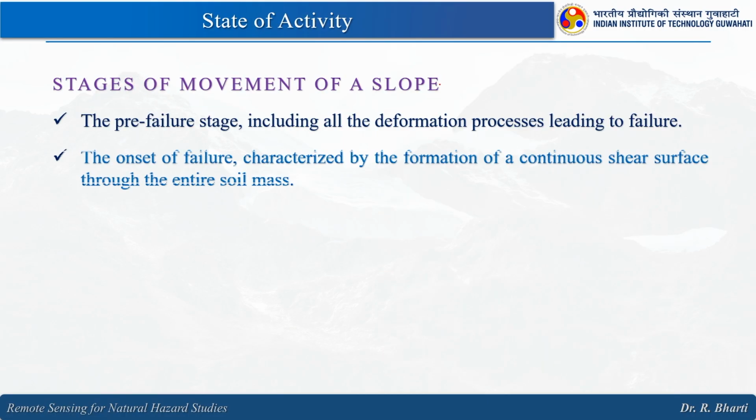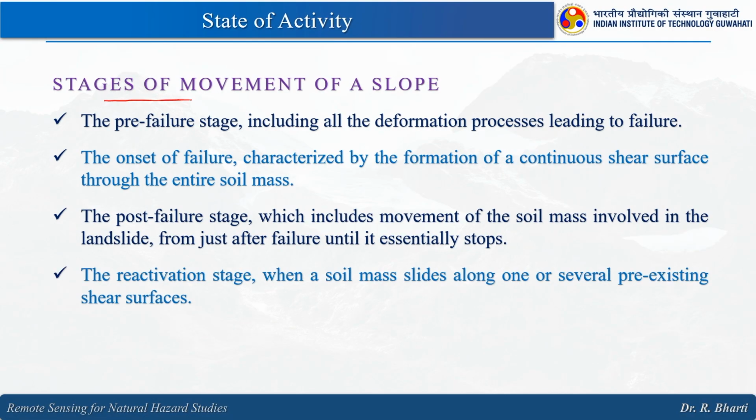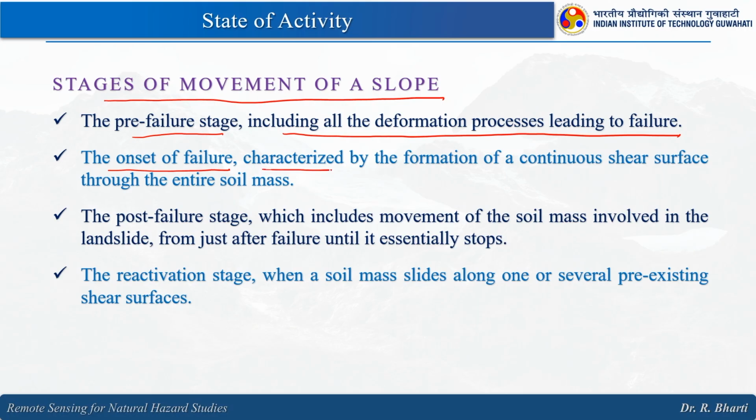Now, we will talk about the state of activity, where we will discuss stages of movement of a slope. The pre-failure stage includes all the deformation processes leading to failure. The onset of failure is characterized by the formation of a continuous shear surface through the entire soil mass.